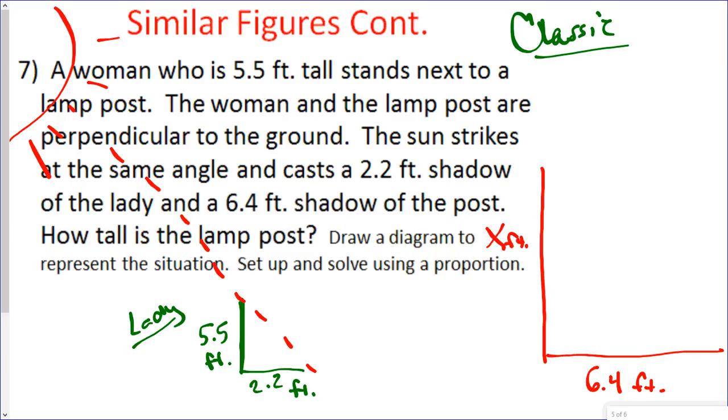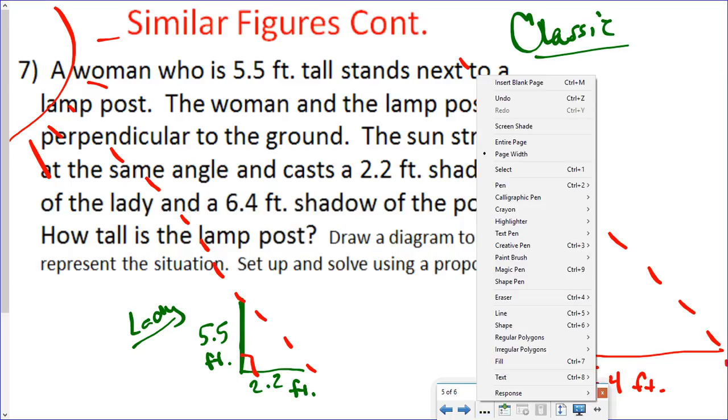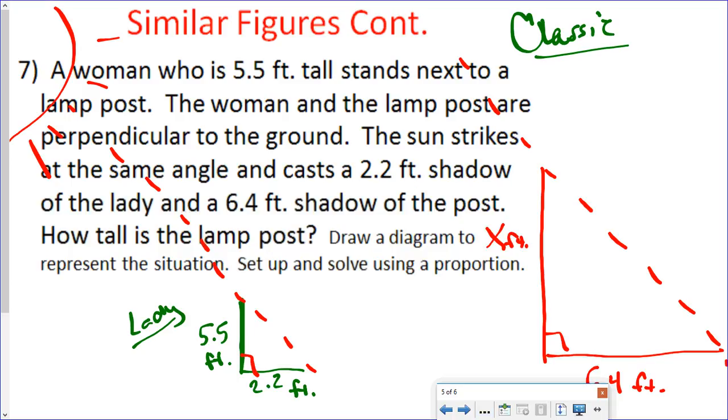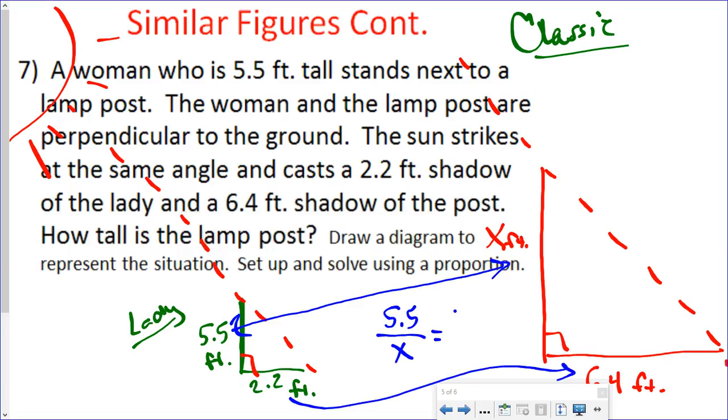The sun is making this same angle for both of them. So they create a similar set of right triangles. So I will see if I can set up a proportion for that. I will use these corresponding sides, 5.5 and x. That's going to be equal to 2.2 and 6.4.